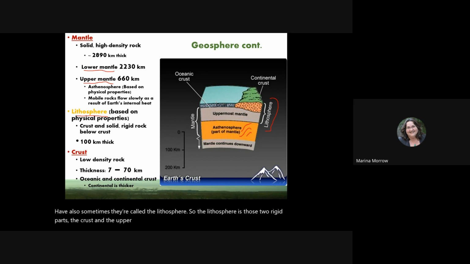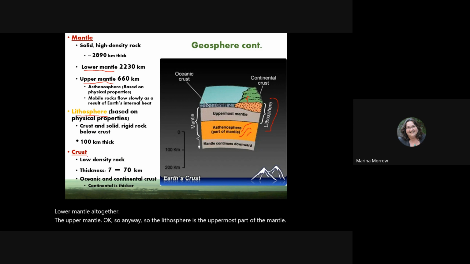And we live, of course, on top of the crust. And so anyway, the lithosphere is only about 100 kilometers thick, as opposed to the lower mantle altogether and the upper mantle.